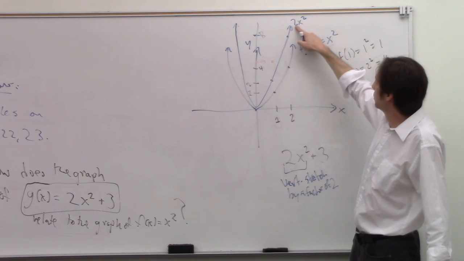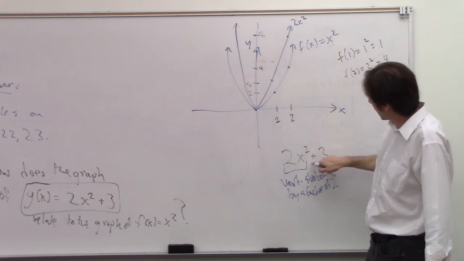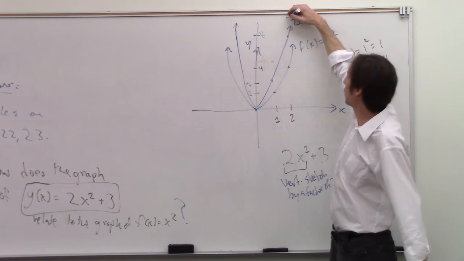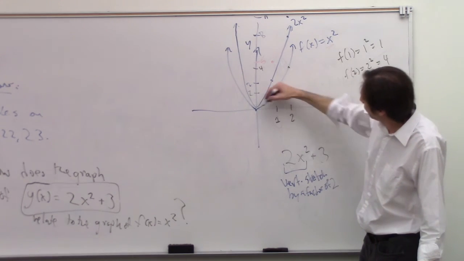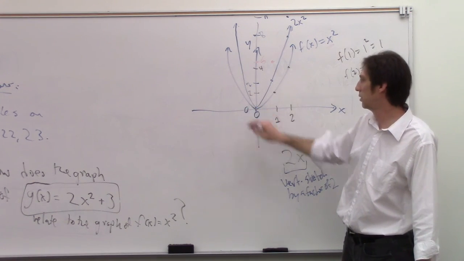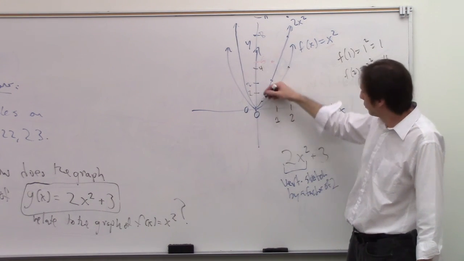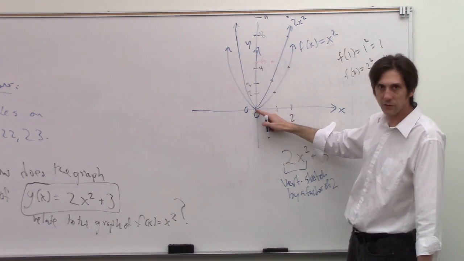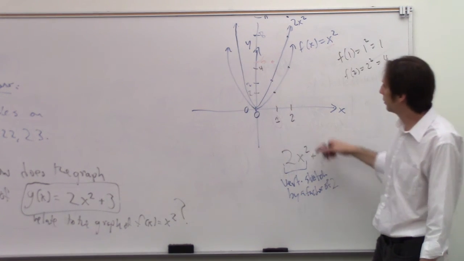When I multiplied x squared by 2, that bounced me up to a height of 8. And then adding 3 would push it even further up to a height of 11. This vertex is at a height of 0. When you multiply 0 by 2, you get 0. So 2x squared also had a vertex at the origin. But then I'm adding 3.